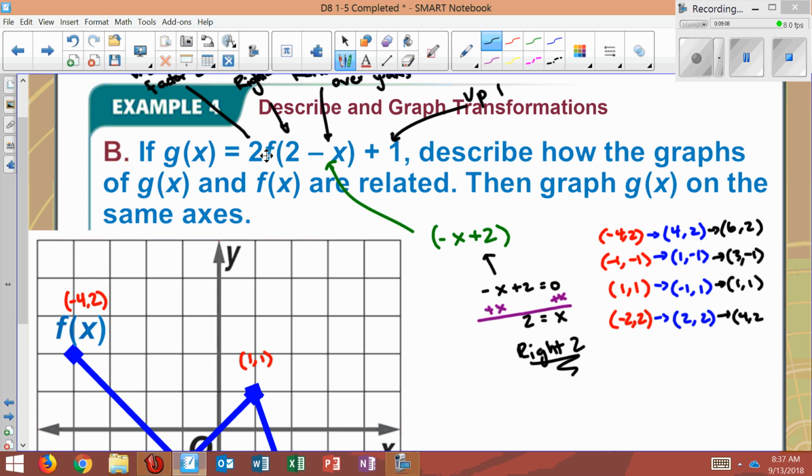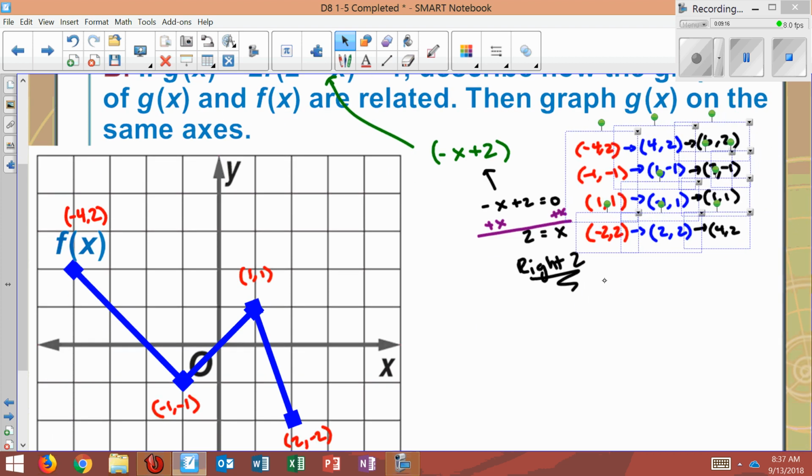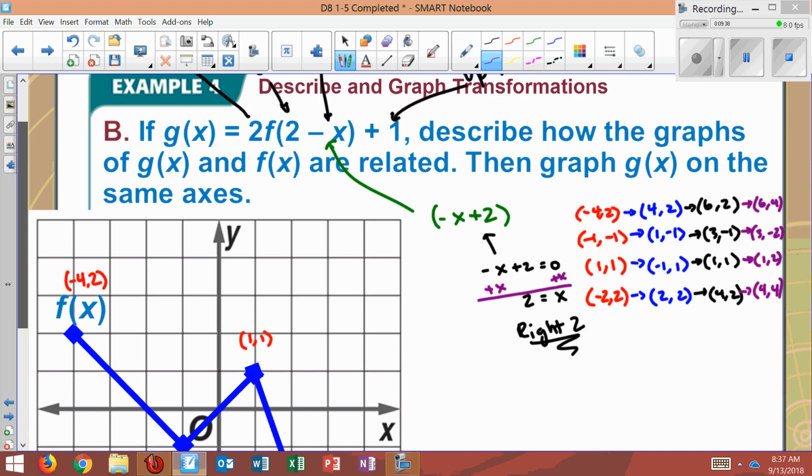The next thing I would need to do is multiply all the y values by 2. So let me get this over a little bit more. I'm going to multiply all my y values by 2, which means my next point would be 6, comma 4, 3, comma negative 2, 1, comma 2, 4, comma 4, and finally, what's the last?